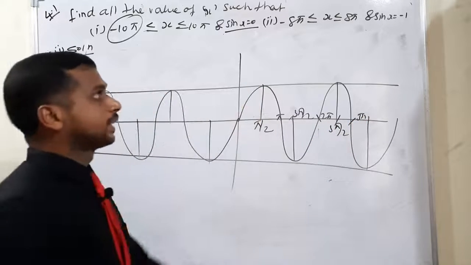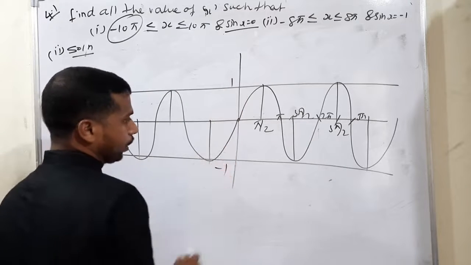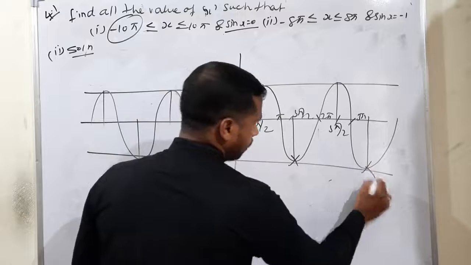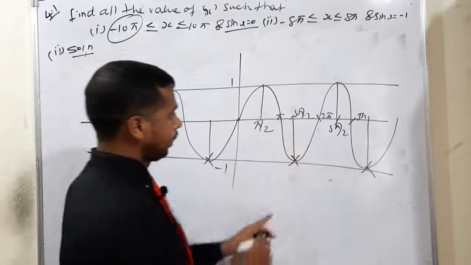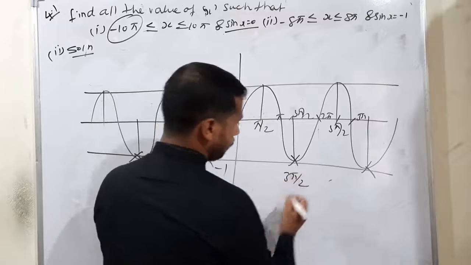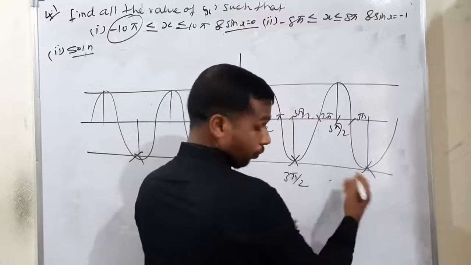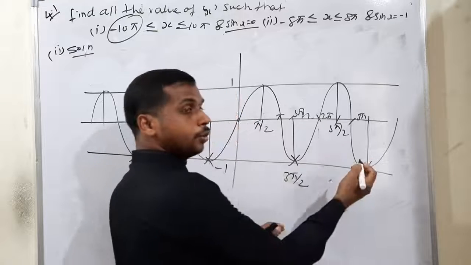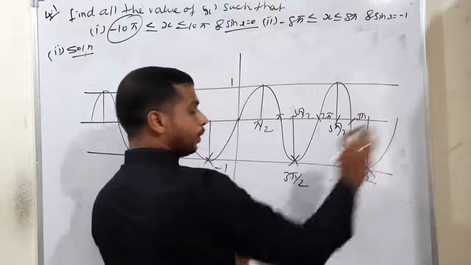But we need sin x is equal to minus 1. Okay, we have to look at the graph from positive 1 to negative 1, and we need this point here. What are the possible cases? 3 pi by 2, then 4 pi is added, so 3 pi by 2 plus 4 pi means 11 pi by 2, and it moves on like that.